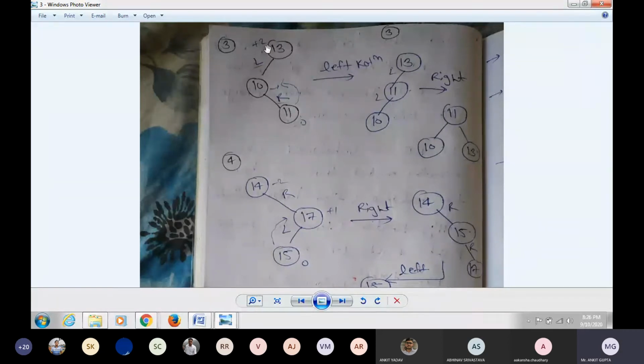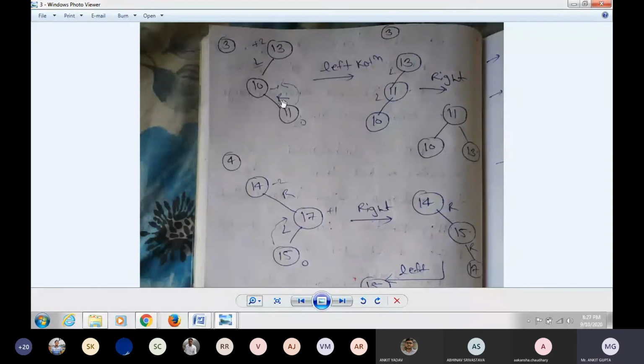It is unbalanced. So I have to rotate. Because of left and then right side, I am getting the tree unbalanced. So I have to apply LR, left right.